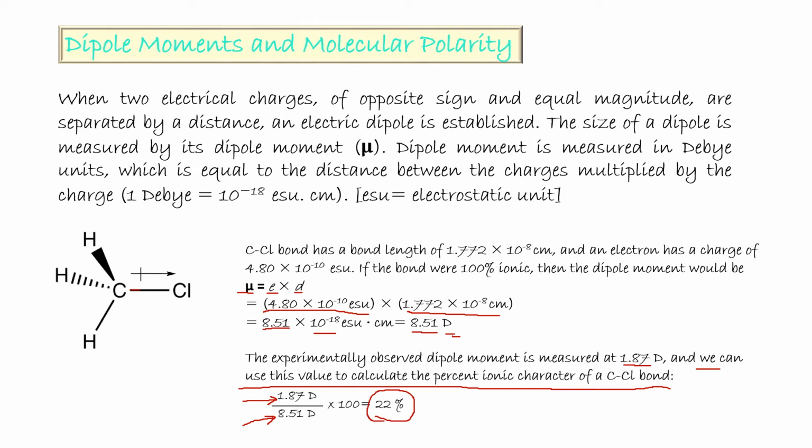Remember that in the carbon-Cl bond, chlorine is more electronegative than carbon, so it's partially negative, and the carbon is partially positive, and we call this a polar covalent bond.